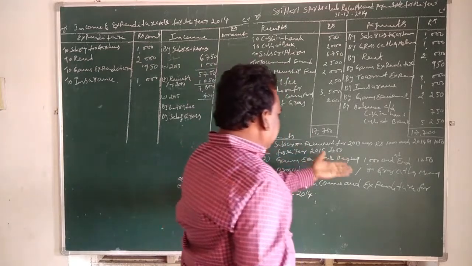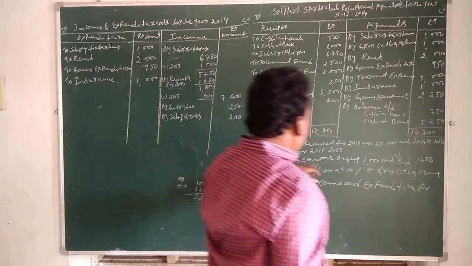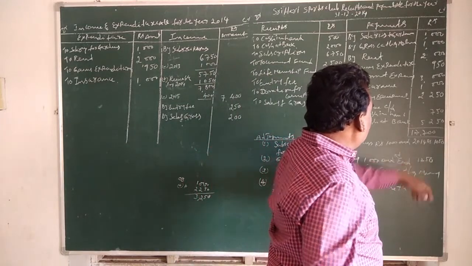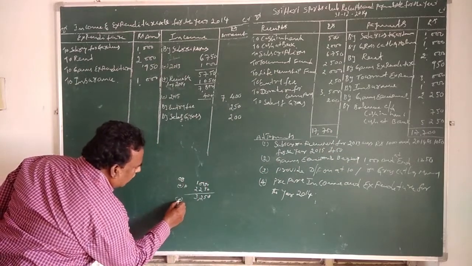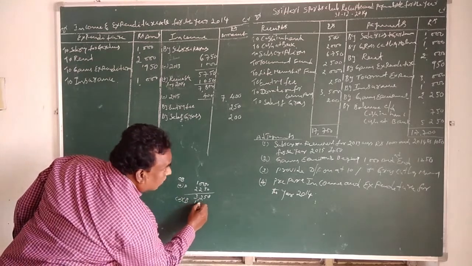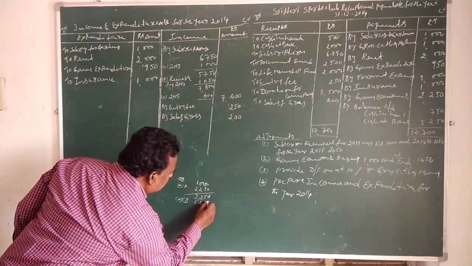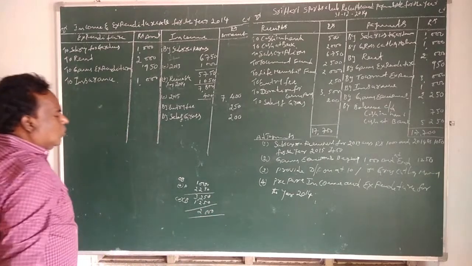Whereas the adjustment says the value at the end of the year is only 1,250. That means depreciation of 2,000 on sports equipment.